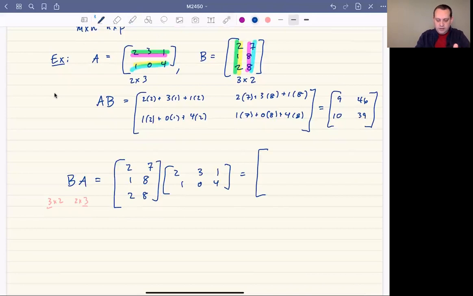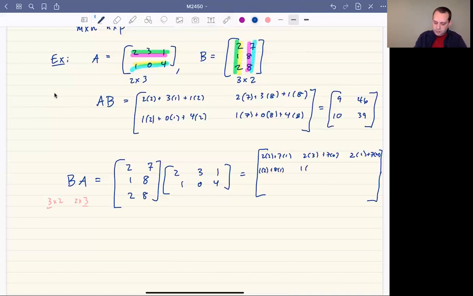So we're going to take the first row of B, 2, 7, and the first column of A, 2, 1, and multiply them. So we got 2 times 2 plus 7 times 1. And then first row B, second column of A, so it'll be 2 times 3 plus 7 times 0. And first row B, third column of A, so 2 times 1 plus 7 times 4. Barely enough room there. All right. And then we'll do the same for the other rows of B. So for the row 1, 8, it's going to be 1 times 2 plus 8 times 1.